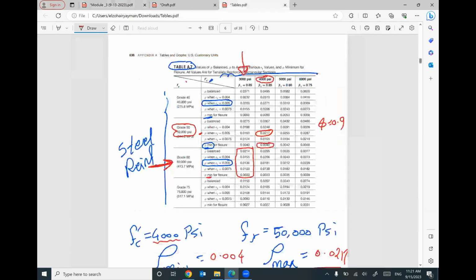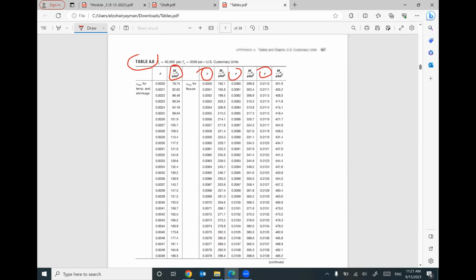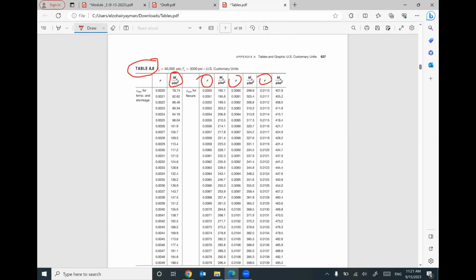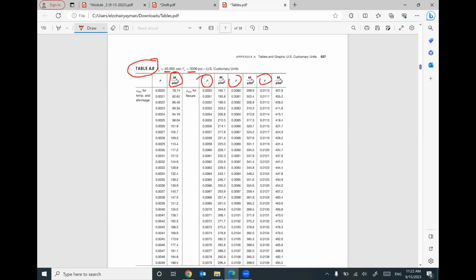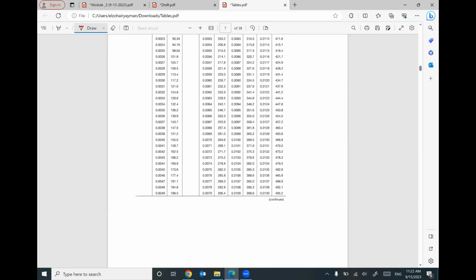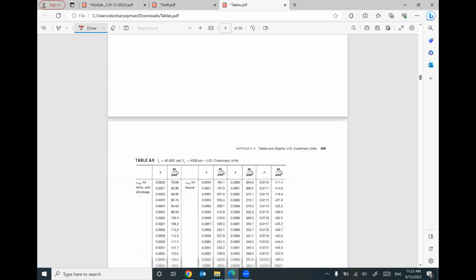So I will open the next table, but unfortunately, the next table is for F prime C equal 3,000 and F yield equal 40,000. We have 3,000, yes, for concrete, but 60,000 for yield. So this table will not work. Keep going. We will have one more. Actually, many more.